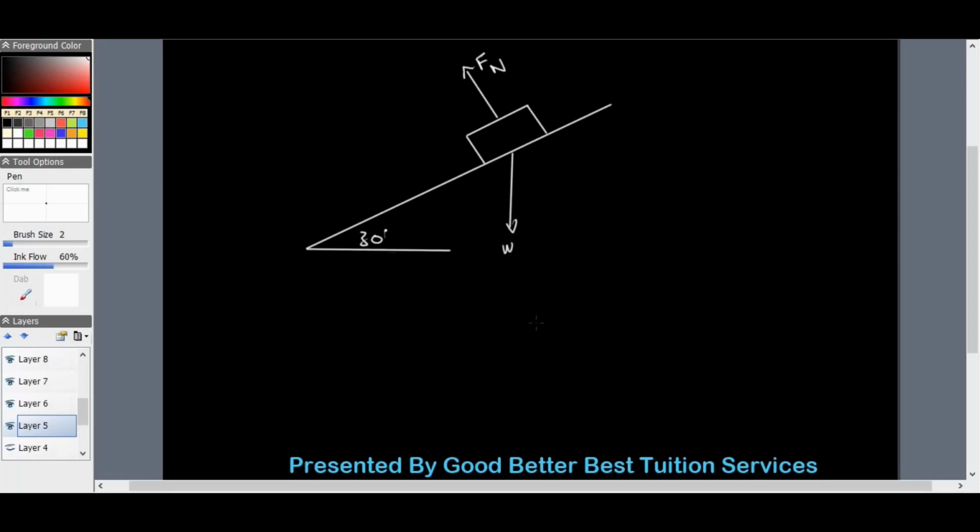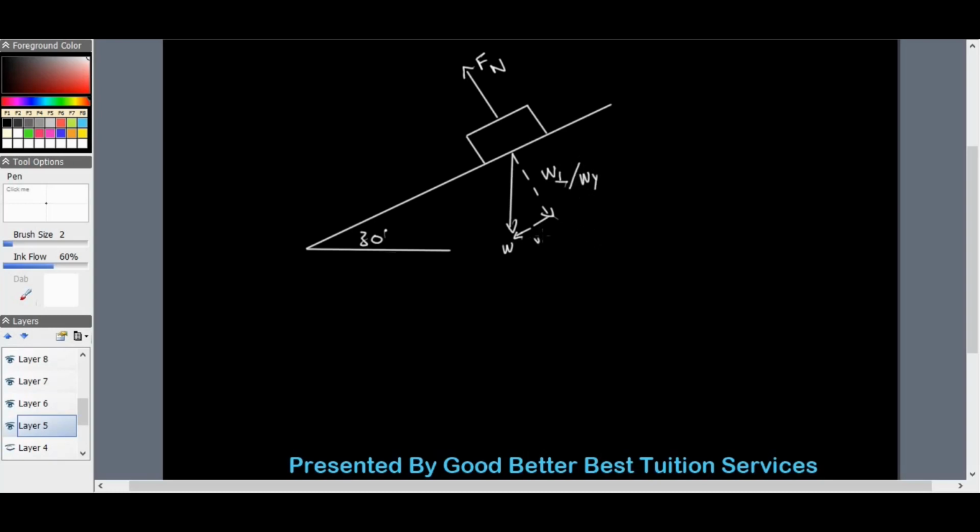Then they asked for the components, so we'll drop a line going like this, and we'll drop a line going like this. Going in this direction, and we'll drop an arrow going down in that direction. So we know this would be Fg perpendicular, which is the same as W perpendicular, or as they've asked us to label it, Wy.